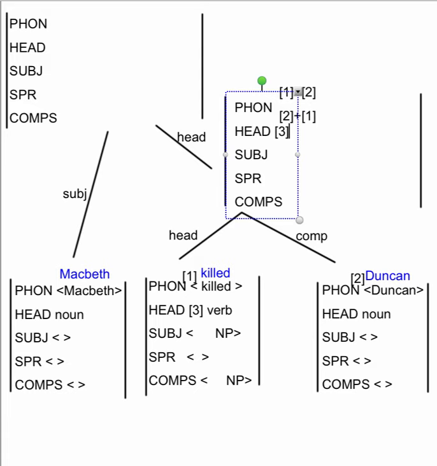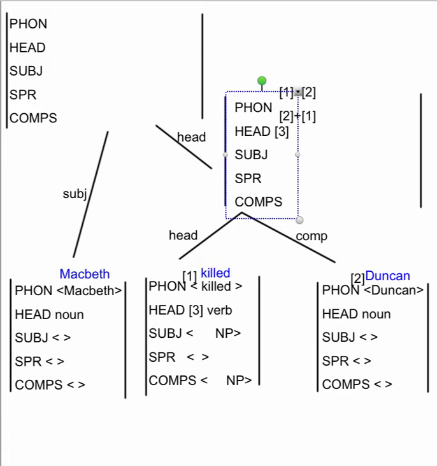So they should just percolate up the tree, so they should be the same on the head daughter and on the phrase. We also don't want the verb to combine with just any non-head daughter, but we want to make sure that the noun phrase that occurs on the comps list of the verb is exactly the noun phrase that it combines with.